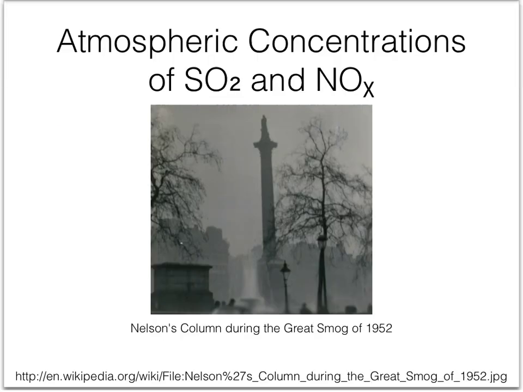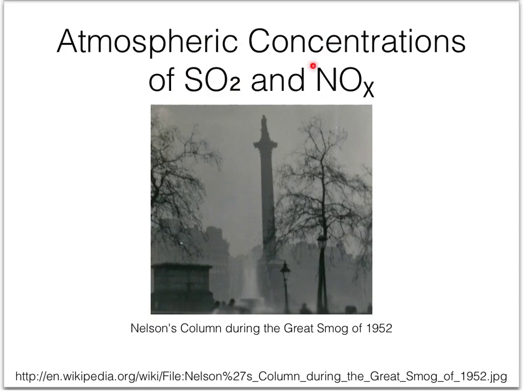The Industrial Revolution led to huge amounts of sulfur dioxide being released into the air. Sulfur dioxide is an irritant of the respiratory system and led to some truly spectacular smogs, culminating in the Great Smog of 1952 in London, which directly led to the death of 4,000 people, and overall about 100,000 people were adversely affected.